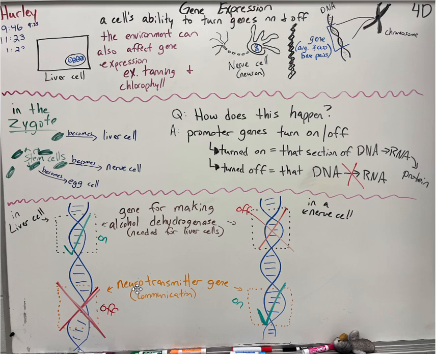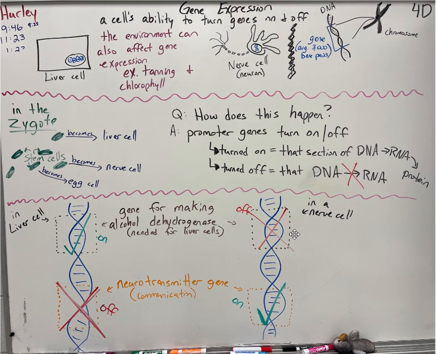In nerve cells, we've got a neurotransmitter gene. This neurotransmitter gene is helpful for communication. In the liver cell, it's turned off. In the nerve cell, it's turned on.